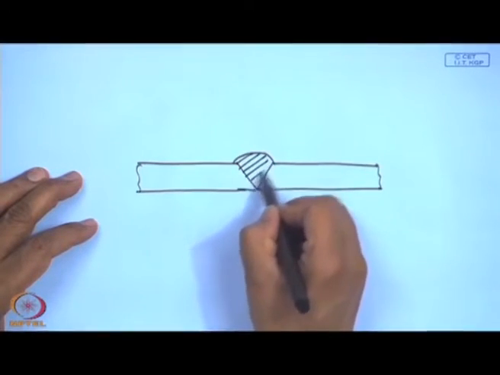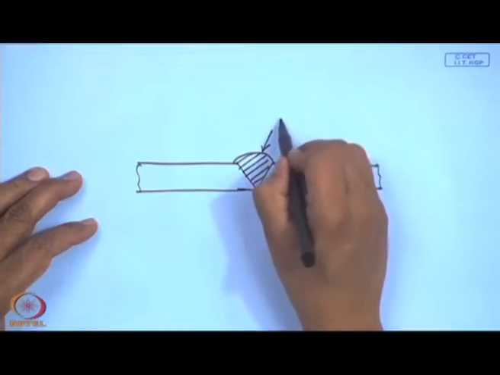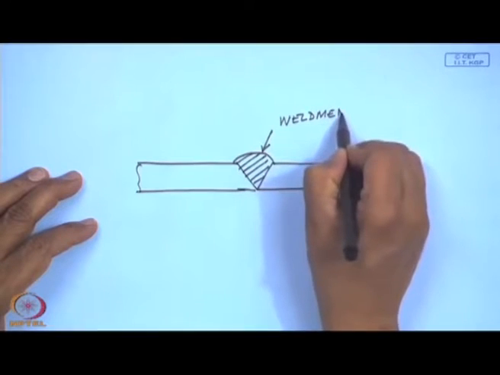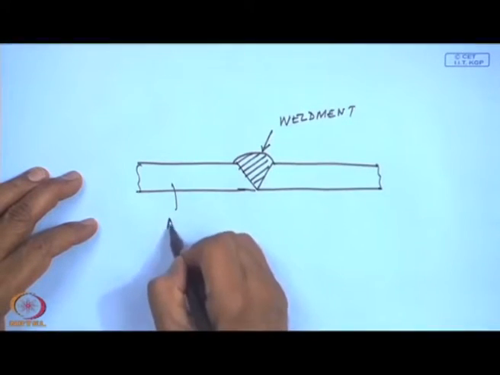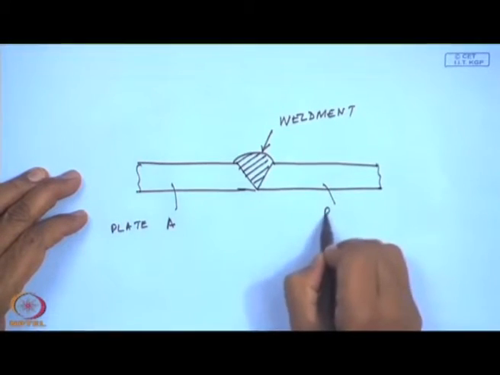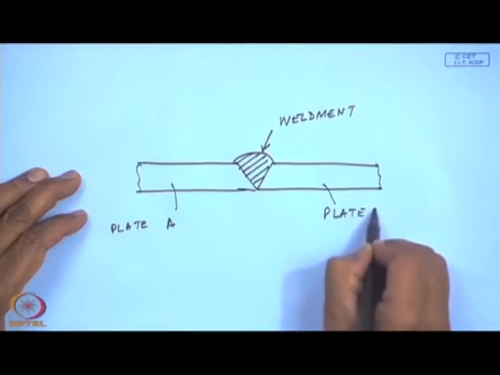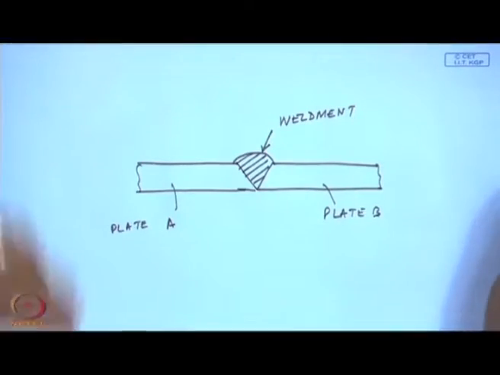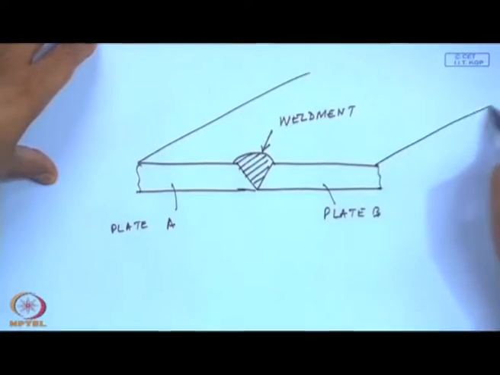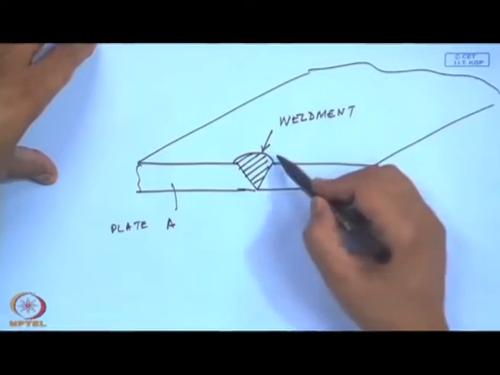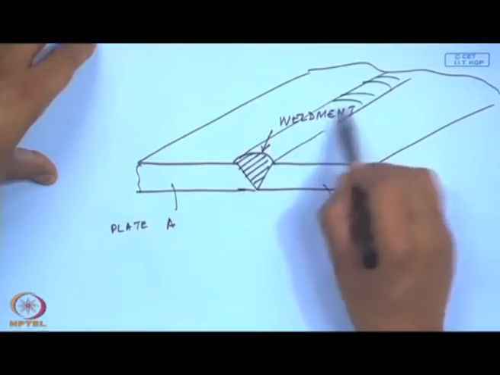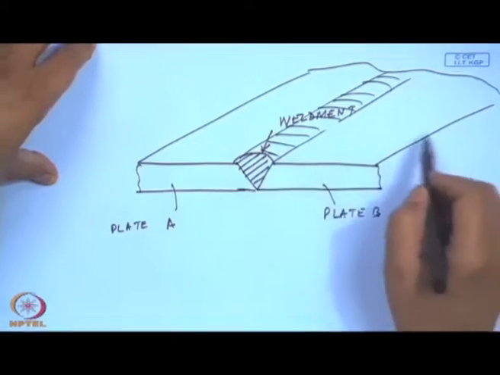I am showing this weldment or weld deposit, and this is plate A, this is plate B. You can think of it as a long plate, and there will be this kind of weldment.